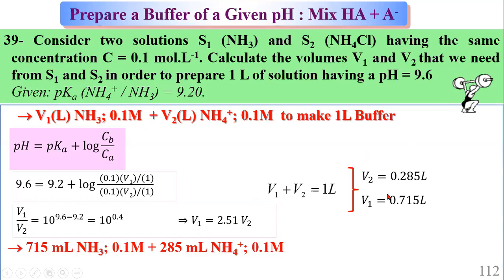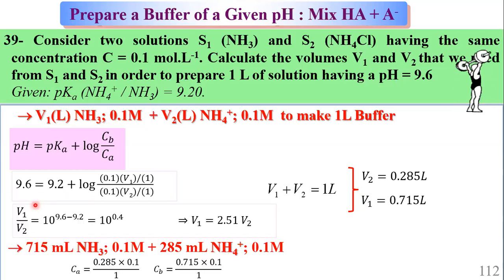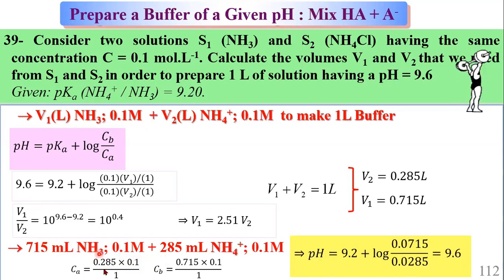So we found volume 2 and volume 1. So indeed, of ammonia, I need 715 milliliters of ammonia and 285 milliliters of the ammonium, both of which are 0.1 molar. Finally, you can get the concentration, but once you have the number of moles and the volume, you can just use that as number of moles.